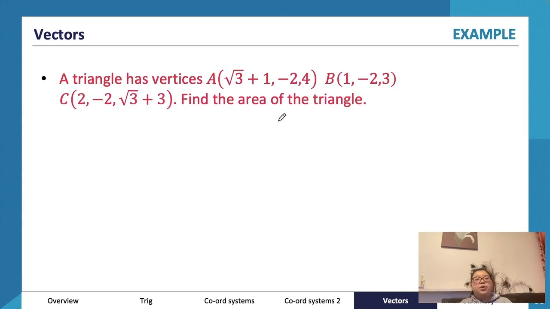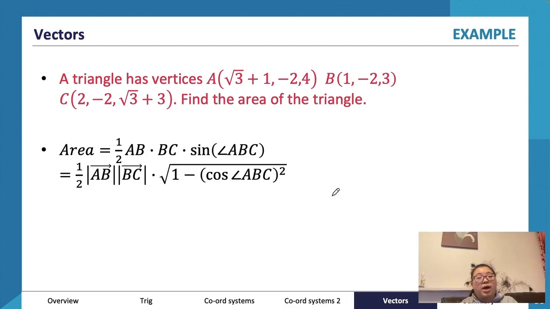Cool. So if we want to find a triangle which has the vertices A as root 3 plus 1, negative 2, 4, and then we have the other vertex B which is 1, negative 2, 3, and C which is 2, negative 2, root 3 plus 3, and you want us to find the area of this triangle.